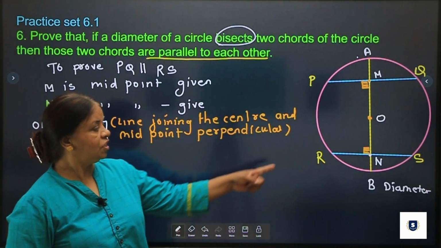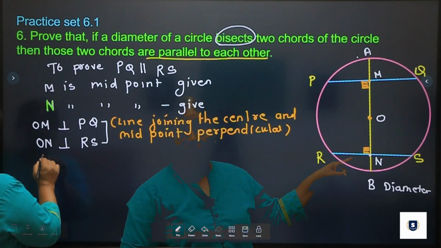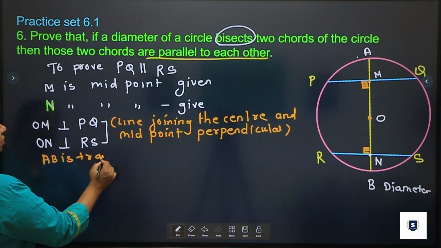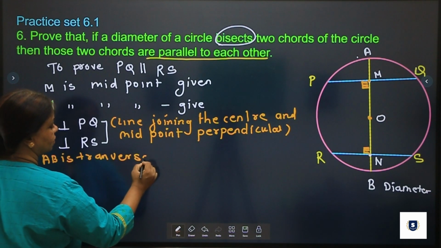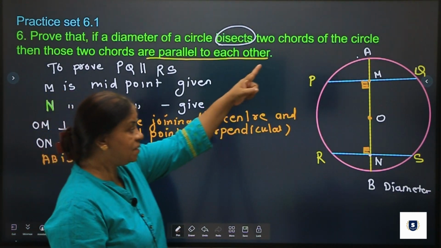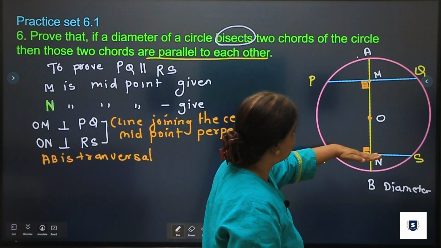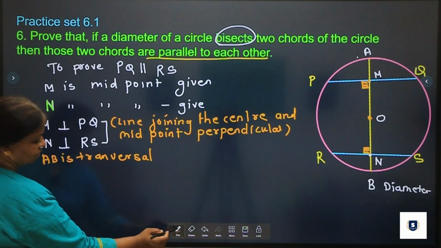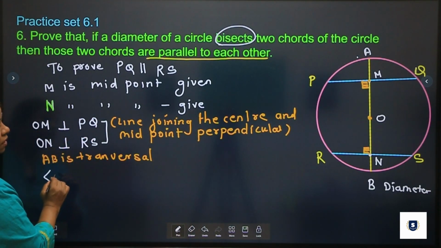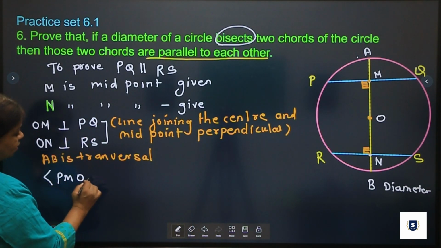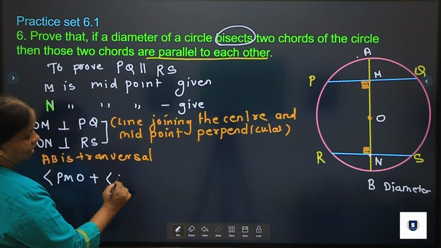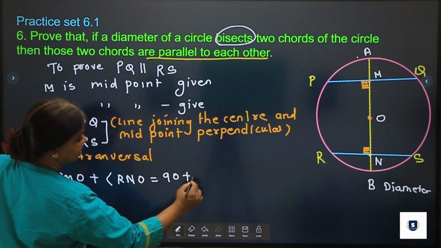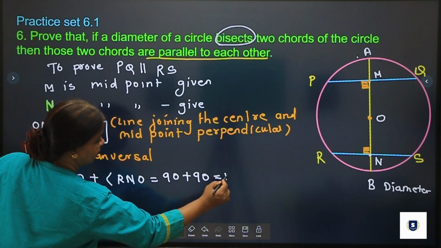Clear? If these two angles are 90 degrees, AB is a transversal. Okay. If AB is a transversal, now see, sum up these two angles. Angle PMO plus angle RNO is equal to how much? 90 plus 90, which is equal to 180 degrees.